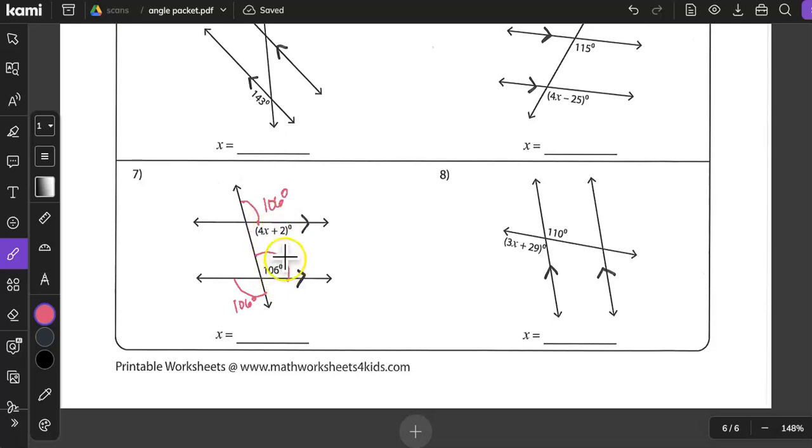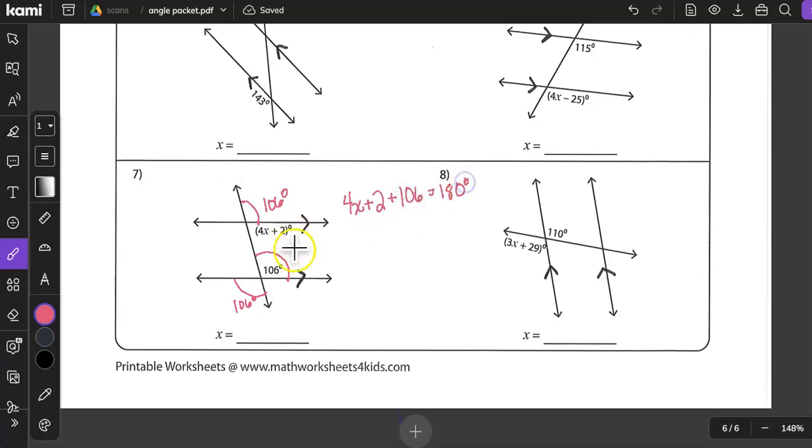Even though there's no special relationship between the two that I'm given, by using things I already know, that these are vertical angles that are congruent, and these are alternate exterior angles that I know are congruent, I've now gotten to something I can use: the 106 degree angle and the 4x plus 2 form a linear pair. So I can solve that by saying 4x plus 2 plus 106 degrees equals 180.